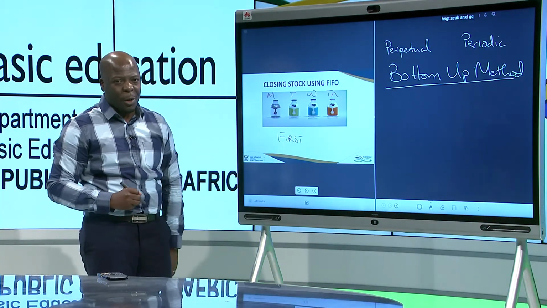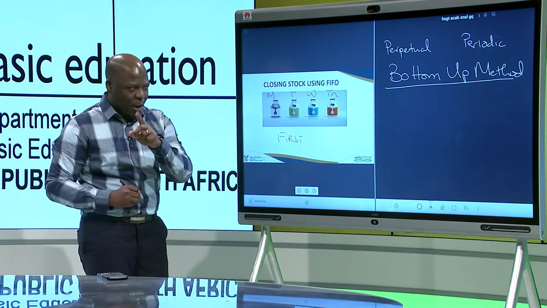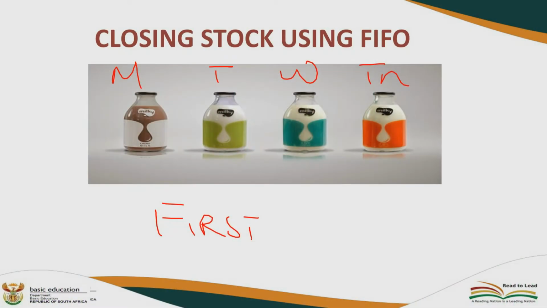Which bottle of milk are they going to buy? Very correct. They will buy this first bottle. This is what we're going to sell them first when they come to our retail outlet. In other words, we will only sell this bottle, the green one, after we've sold the brown one first.